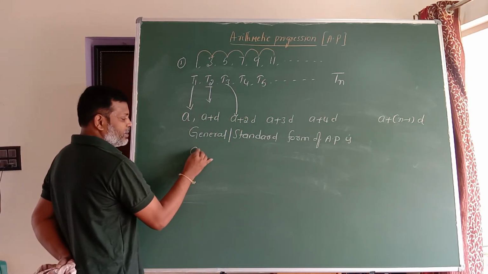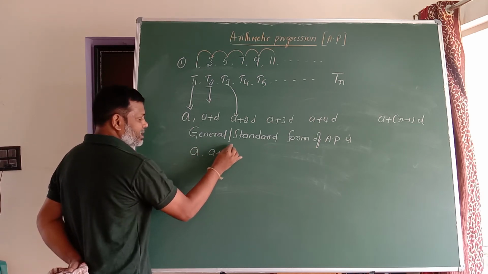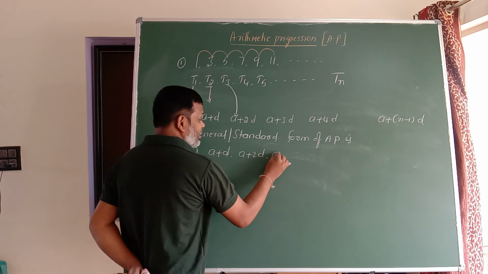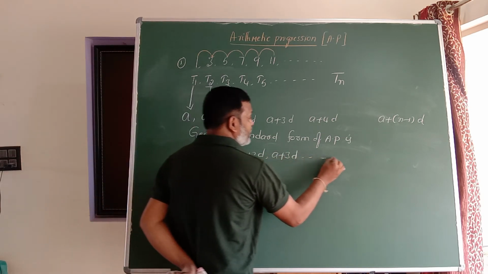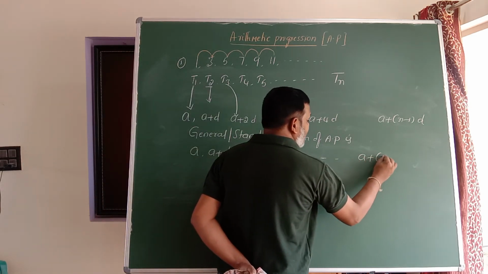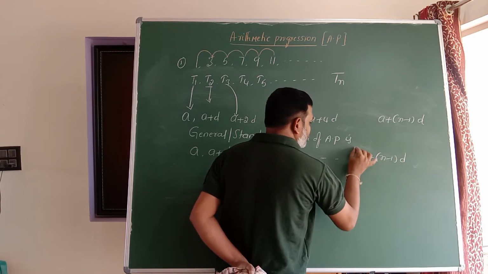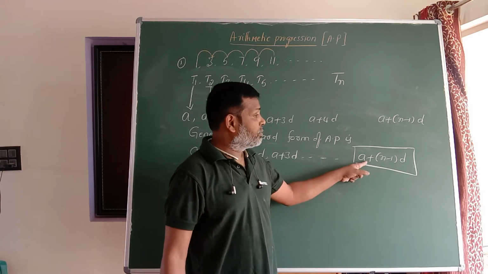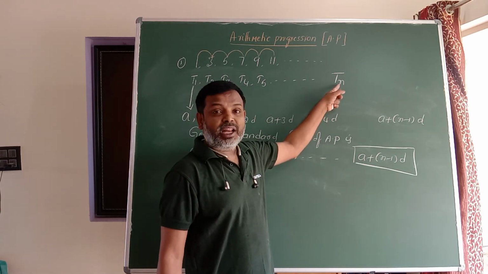Let the first term be a, the next term is a plus d, the next term is a plus 2d, the next term is a plus 3d, so on, the last term is a plus (n minus 1) into d. This is very, very important. This is the general term or nth term of the arithmetic progression.